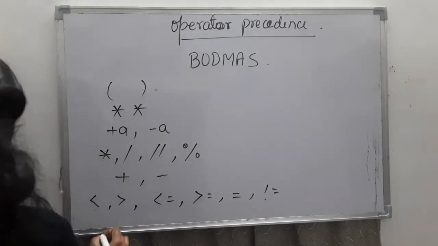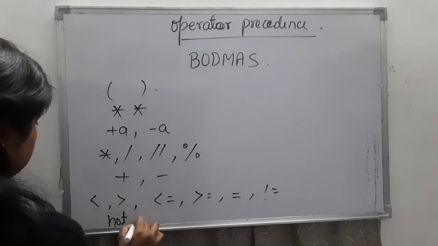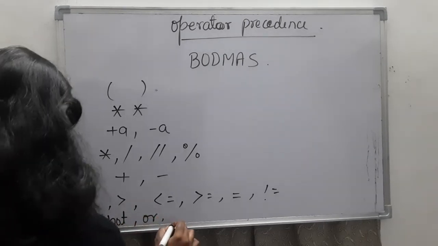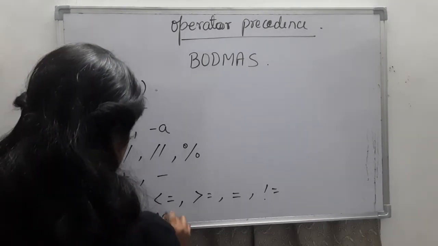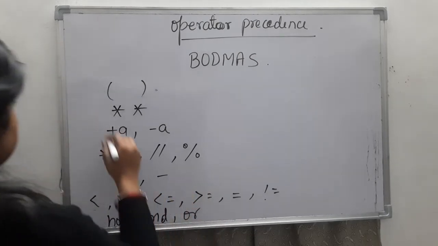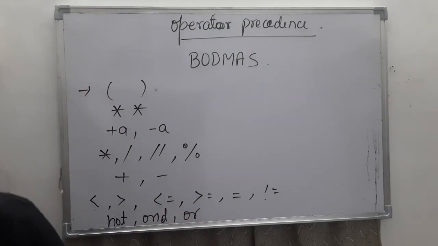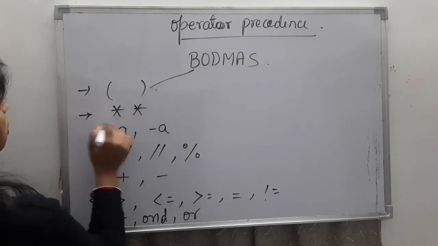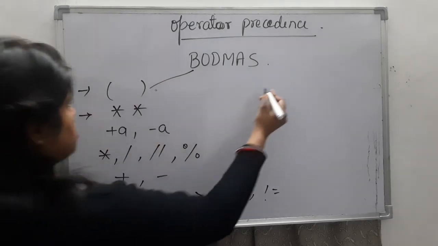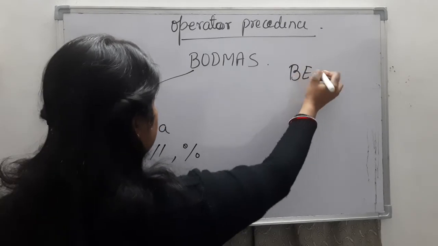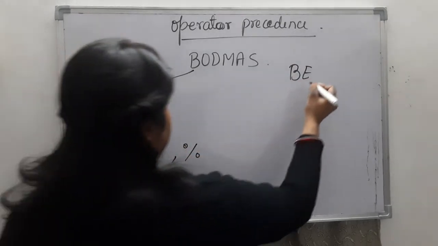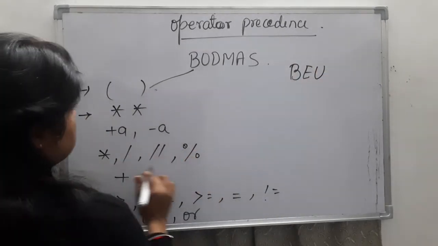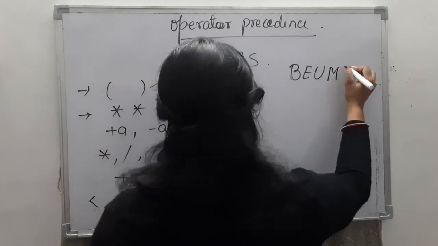And at the last, not, and, or. So this is the operator precedence. The first precedence is the bracket, then exponentiation, then the ordinary operators, then multiplication, division, floor division and modulo.